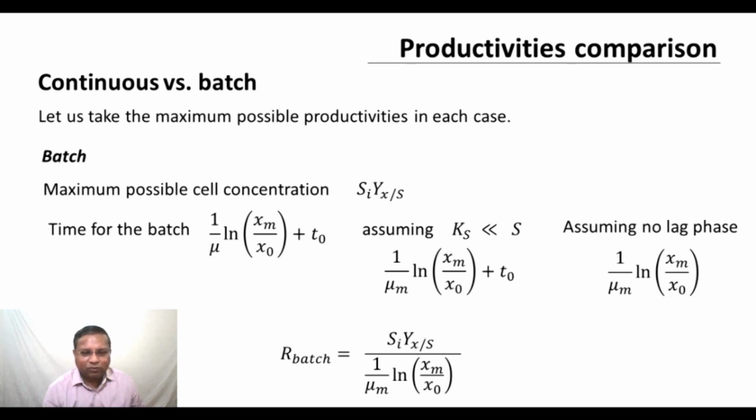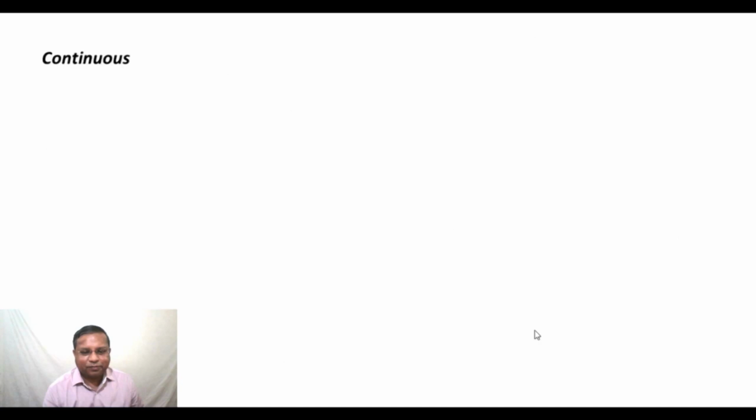The amount produced per unit volume per unit time is the productivity that we define. Therefore, Si Yxs divided by 1 by mu m ln of xm by x0. This is the productivity expression for a batch, starting from x0 going up to xm.